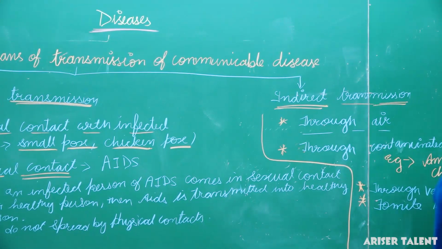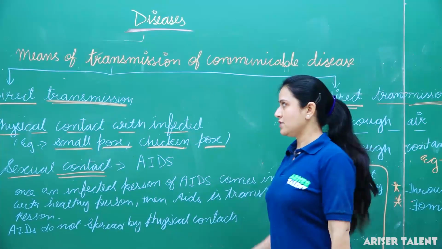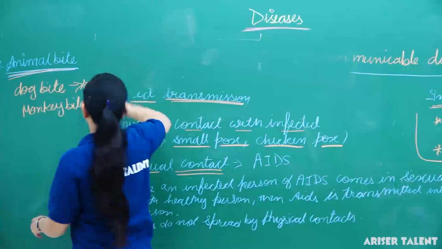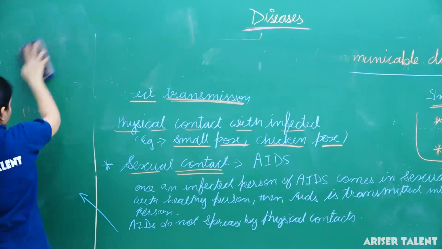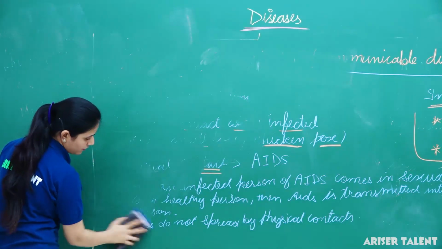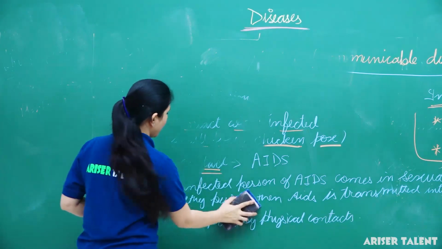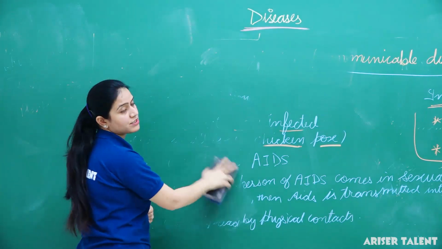Okay, now we will study organ specific and tissue specific manifestation. As we know, microorganisms are very small in size and the human body is comparatively large.